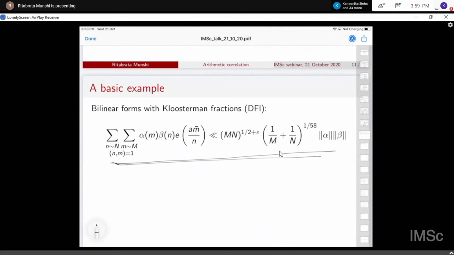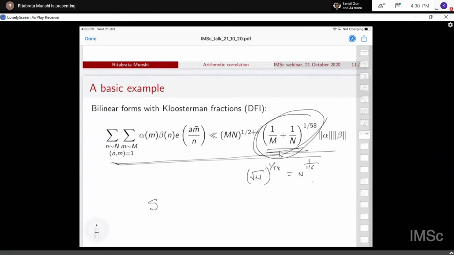If you ignore this part of the bound, then you get the trivial bound, and this is the saving that you get by applying their result. In our case, both capital M and capital N are root n. So we are saving here root n to the power 1 by 8, which is n to the power 1 by 16. So we had already set capital N, and now we have set capital N to the power 1 by 16.